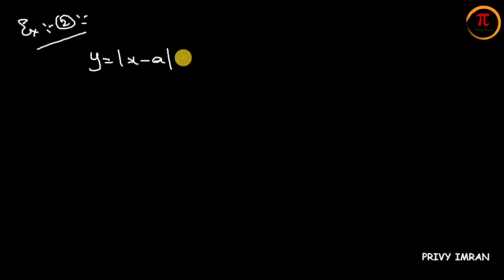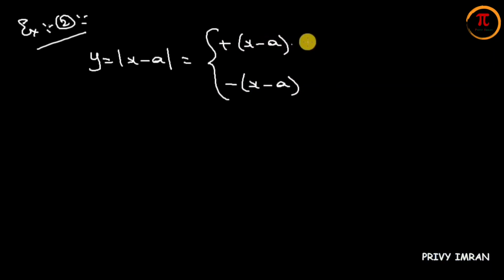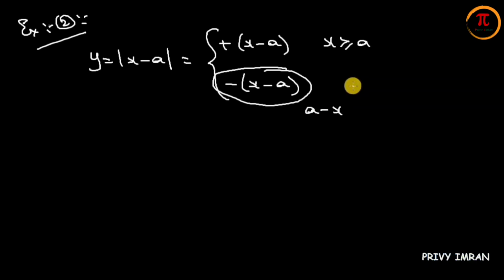If I split this modulus function, it is plus of x minus a and minus of x minus a. Here x minus a will be positive when x is greater than or equal to a, and the function can be written as a minus x when x values are less than a.